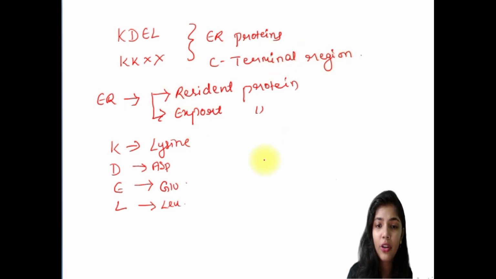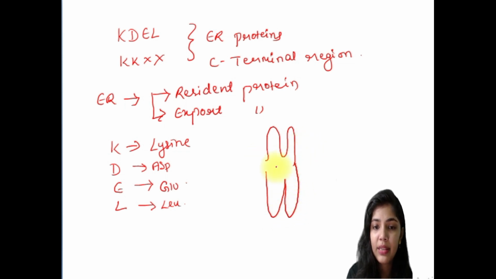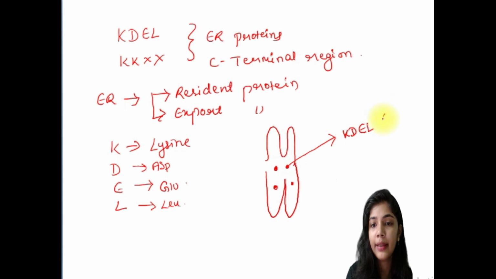Now, when we draw the diagram of the endoplasmic reticulum, suppose it is the endoplasmic reticulum. The proteins which are present inside the lumen of the endoplasmic reticulum will have the sequence of KDEL in the C-terminal region.